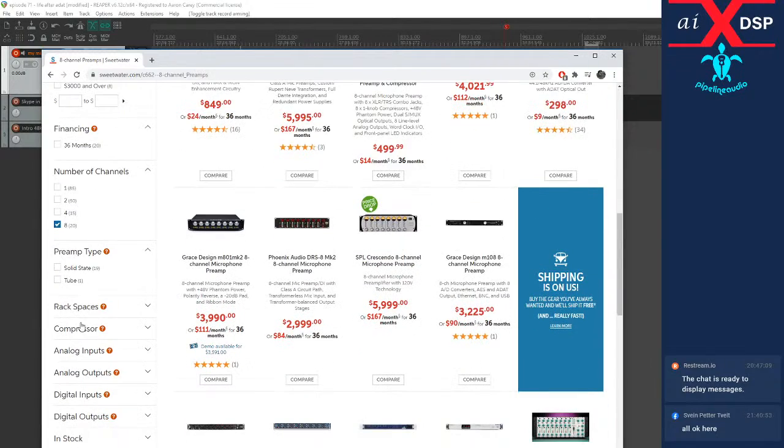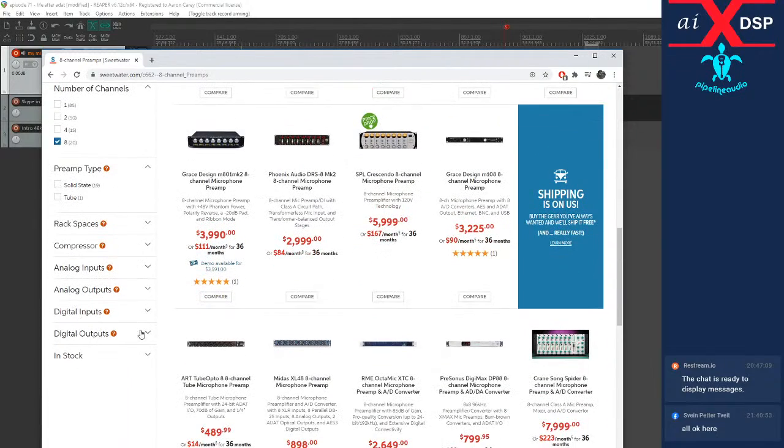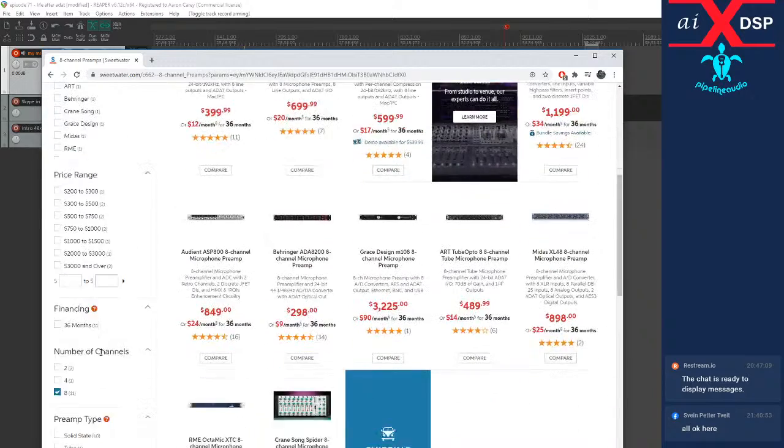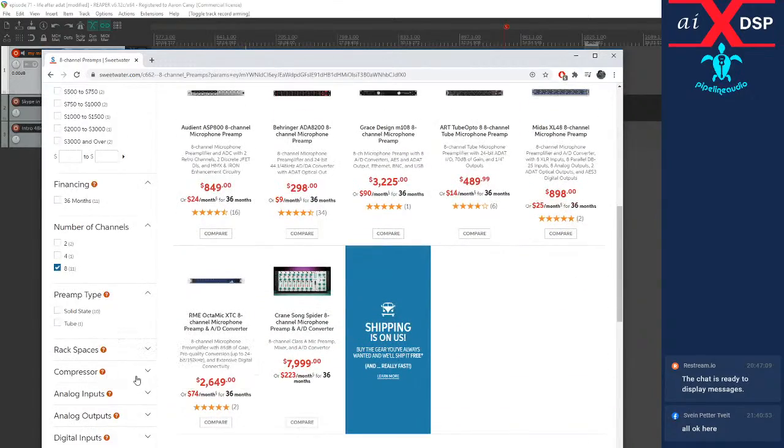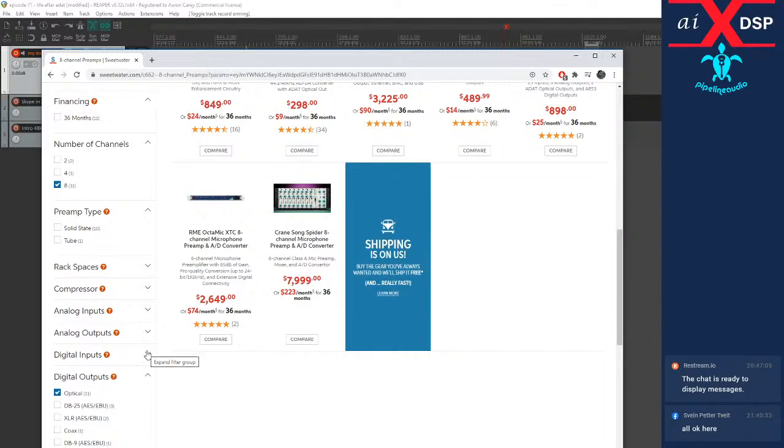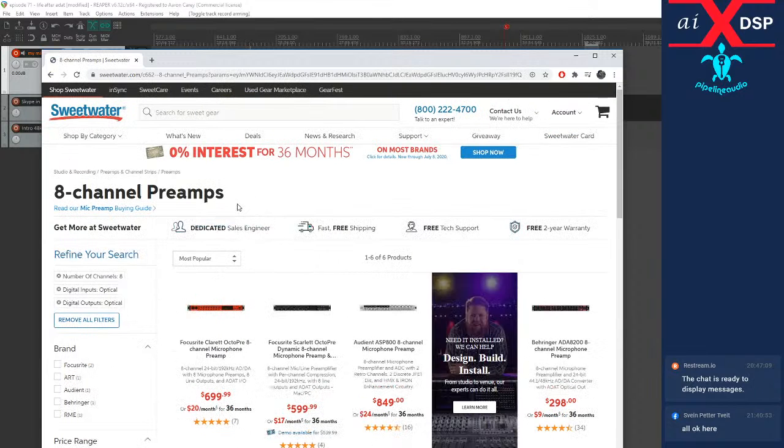And I want digital output, optical. And just want to see what's out there. And let's say we want a digital input as well. So on optical. So now if I do that, we're down to 6 according to, sometimes the filter doesn't work that good on Sweetwater though.